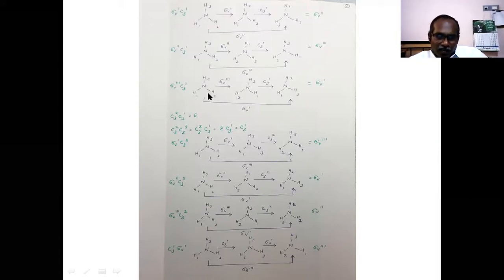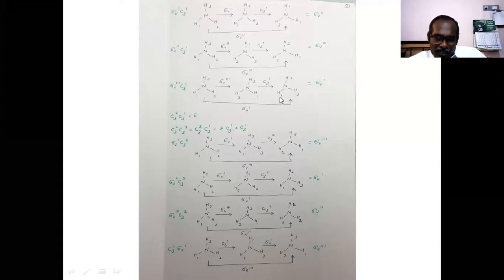Look here, what is sigma V triple dash? It is reflecting about the plane which passes through NH with the designation 3. Therefore, NH3 remains here. 1 and 2 are interchanged. And then I am rotating the molecule by about 120 degrees. Therefore, the 2 comes over here, 3 here, and 1 here. Now you find that one single operation by which you can attain this configuration from this configuration.